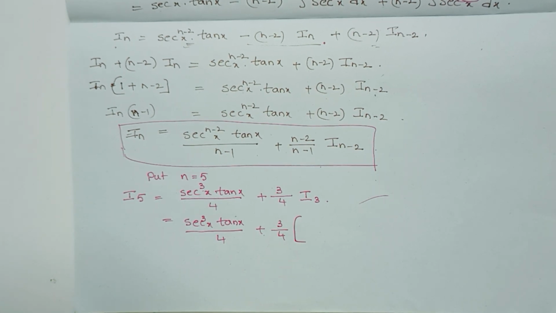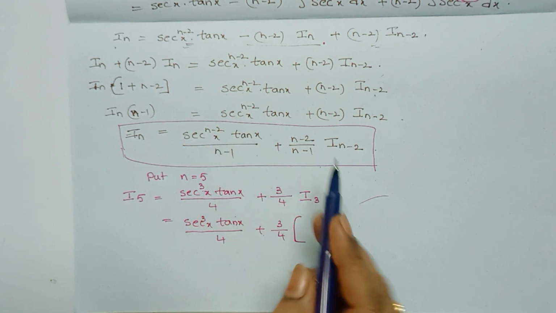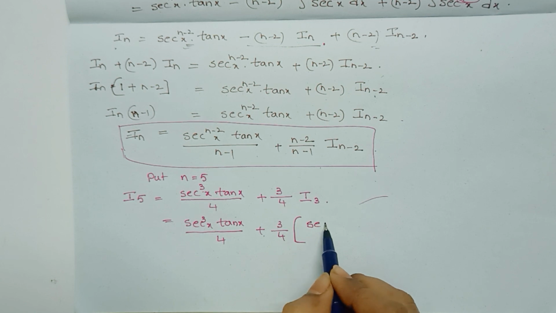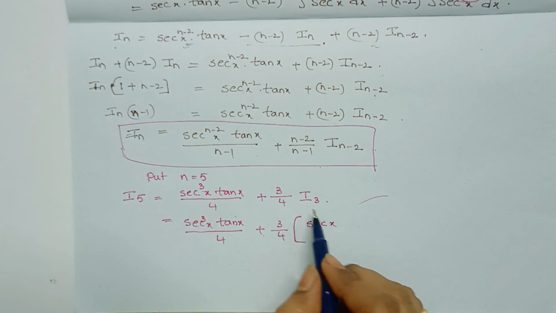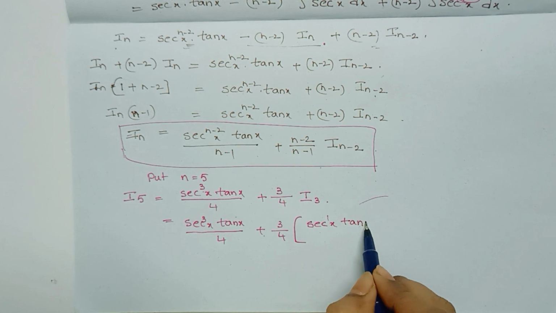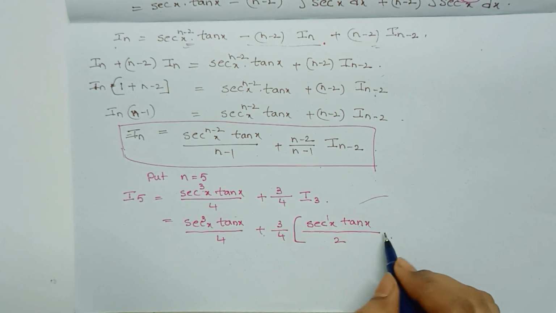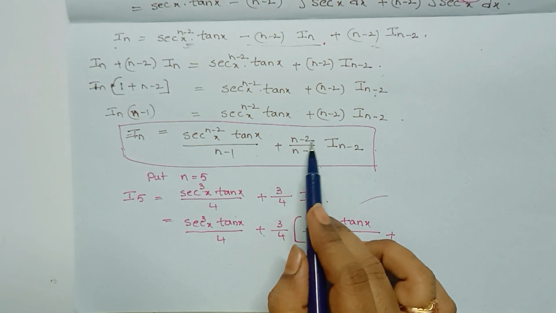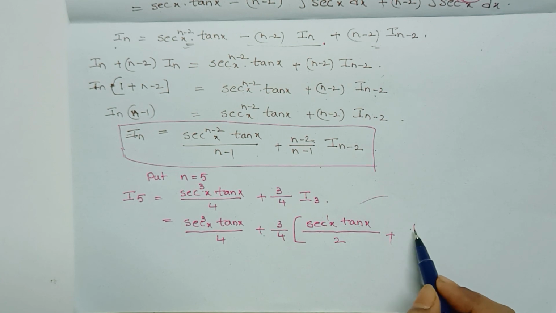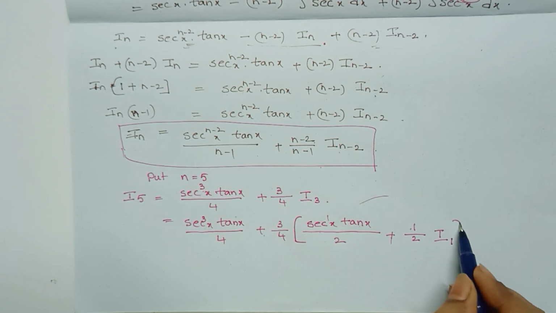How we get I3? Substitute n equal to 3, n ప్లేస్లో 3 సబ్స్టిట్యూట్ చేద్దాం. That is secant power 3 minus 2, 3 minus 2 is 1, secant power 1x is secant x only into tan x by 3 minus 1 is 2 plus 3 minus 2, 3 minus 2 is 1 by 3 minus 1 is 2 into I1.